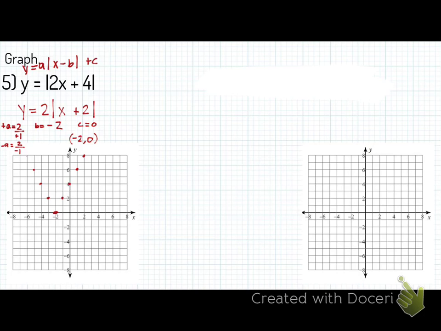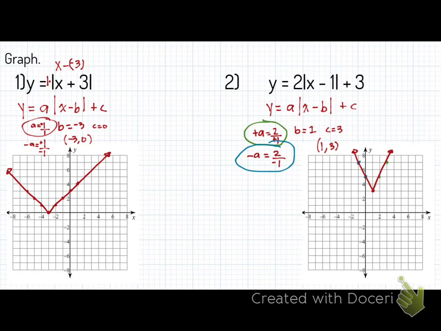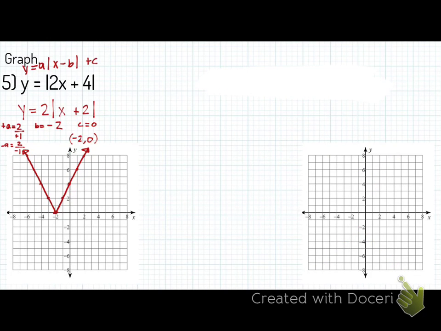Okay, what do you notice about my graph? Is it, from the first graph, more narrow, more wide, or the same? There's only 3 options. There's no mid-size. Look at my original problem, number 1, and now look at number 5.